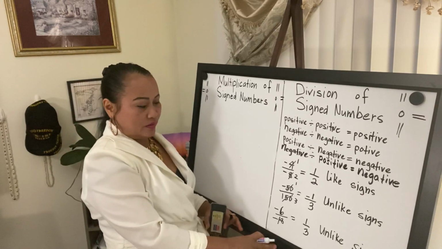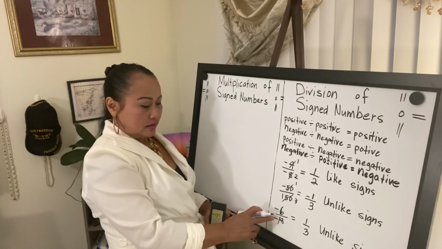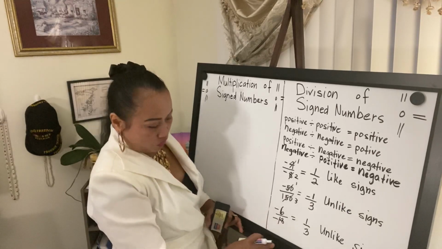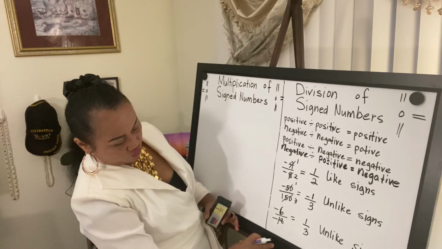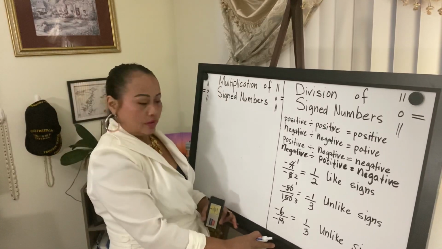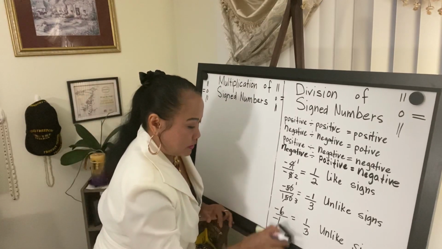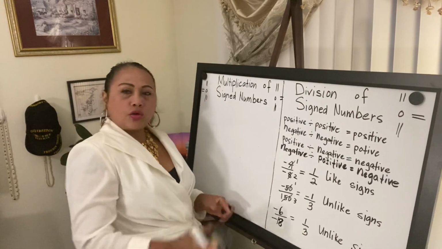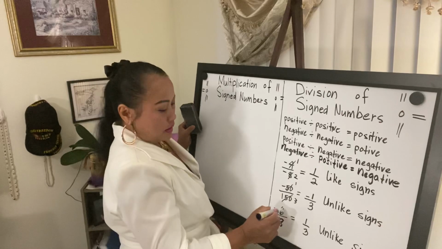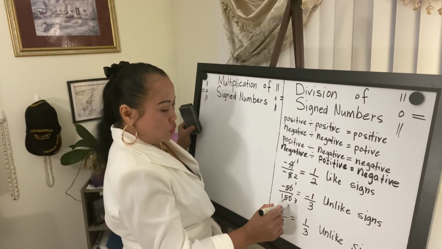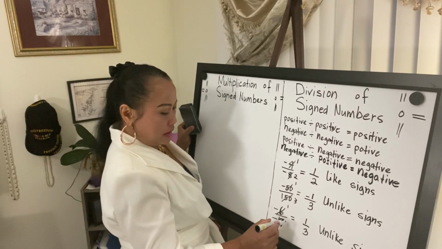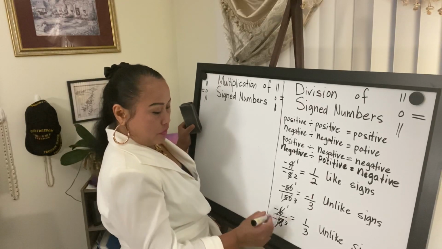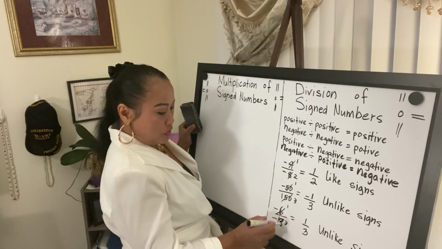Next example. Negative 6 divided by negative 18. So we will simplify. 6 by 6 is 1. 18 by 6 is 3. So we will divide it by 6.